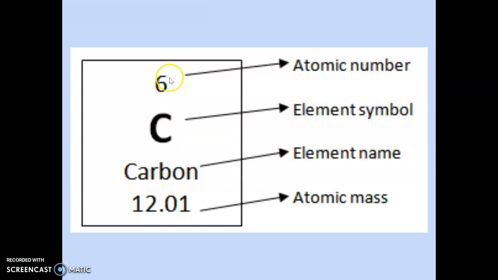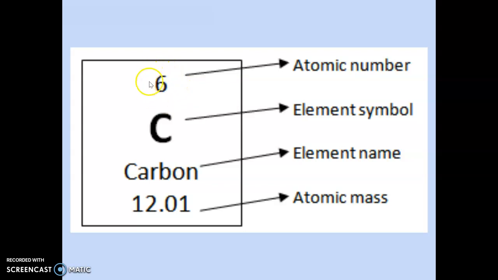Okay? So the smallest number on our box is going to be the atomic number. Okay, it will always be the smaller number. You're going to have two numbers in every elemental box. The smaller one is the atomic number. Okay, so in this one, we're doing carbon as the example. Its atomic number is 6.